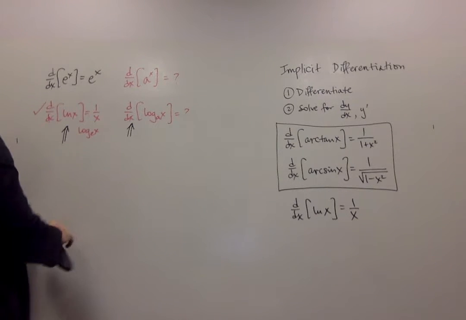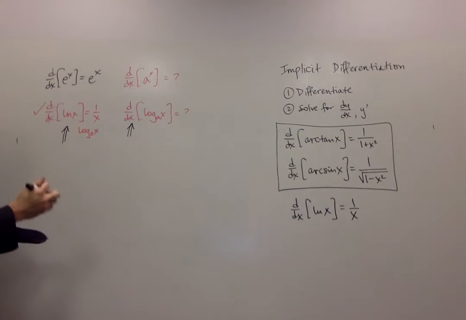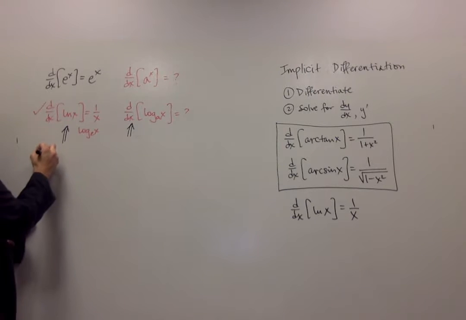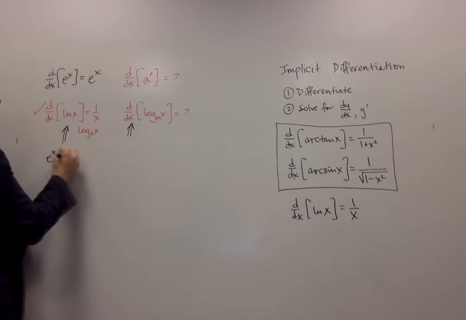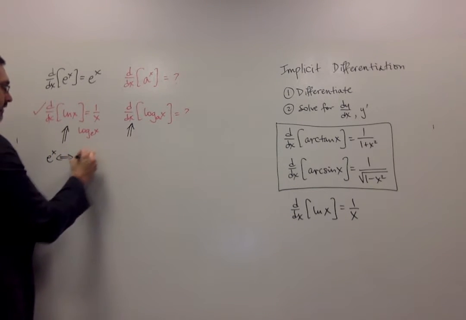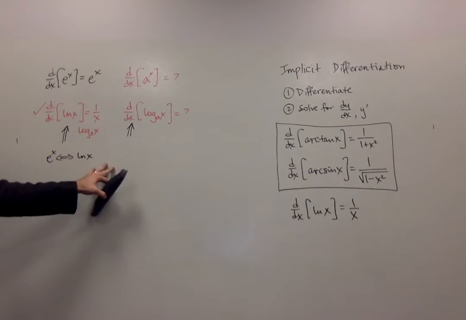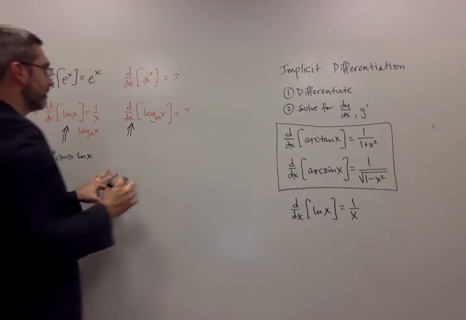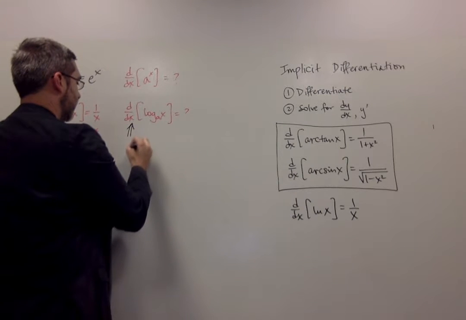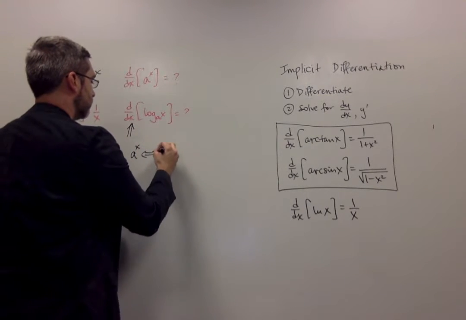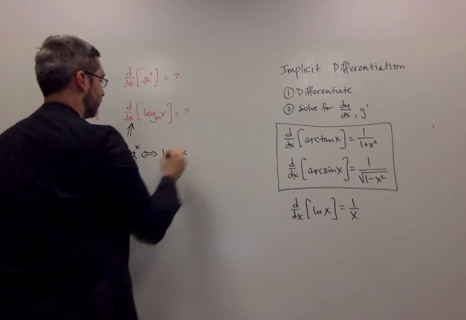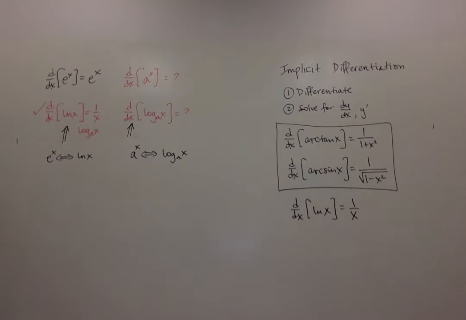Okay, so in order to do this, there's a couple things that I want to remind you of. First, e to the x and natural log of x are inverse functions. We talked about that. Remember that a to the x and log base a of x are also inverse functions to one another.